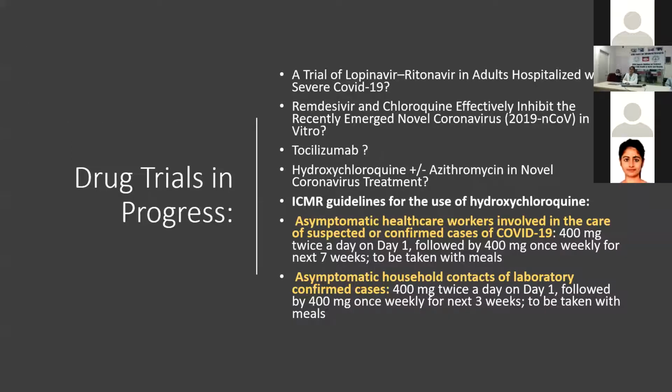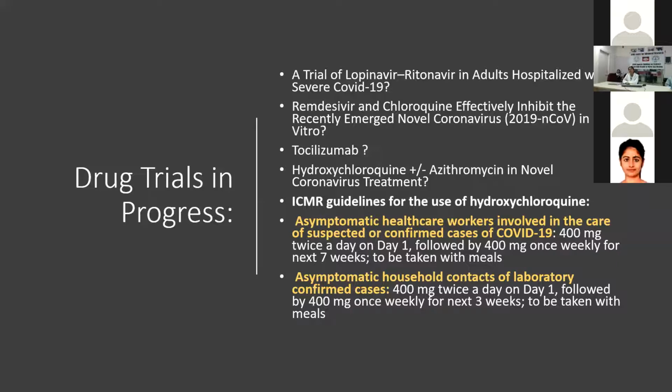Now, which are the drug trials that are in progress? A trial of lopinavir and ritonavir in adults hospitalized with severe COVID-19. Remdesivir is a new antiviral, and Mass General Hospital and NIH, United States, are carrying out a trial on this currently. And chloroquine: does it effectively inhibit the recently emerged novel coronavirus in vitro? In vitro, it has shown an antiviral effect.